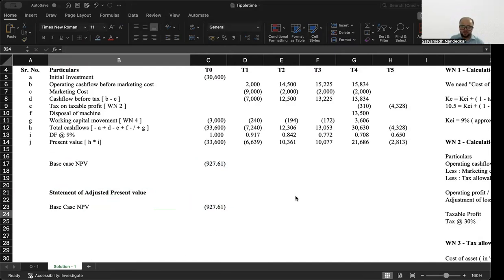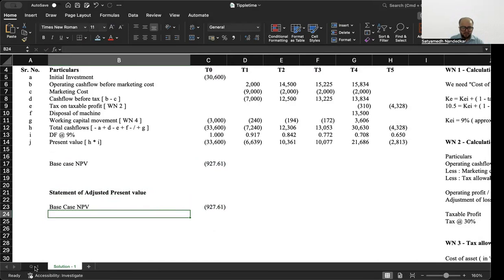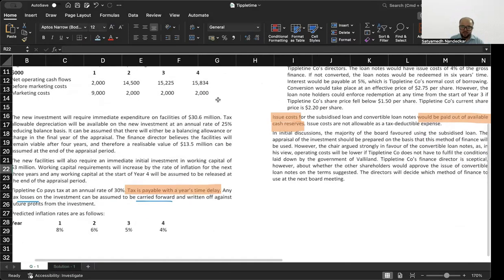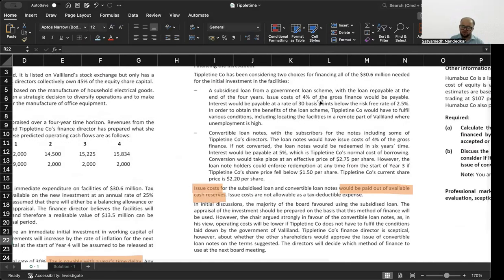Now, first of all, issue cost of debt. There's one line here which I had marked, and I'll tell you why it is so important. I'm using the cheap loan. Issue cost of 4% of gross finance would be payable. Normally, the issue cost has to be funded out of the proceeds of issue itself, which is why in a lot of questions you will find yourself grossing up the amount.